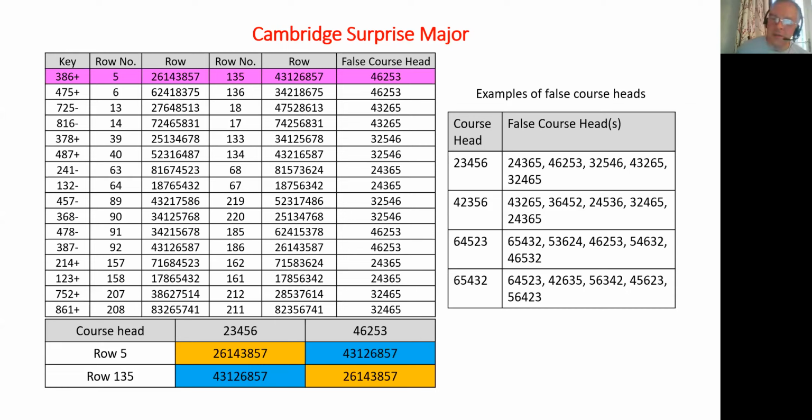So there are actually 25 for Cambridge. There are 25 courses that you can ring that are all true against each other, even though each one of them has got 5 false course heads. And a chap called Mr. Charles Middleton found a very clever way of actually joining those together to come up with a simple composition for Cambridge.